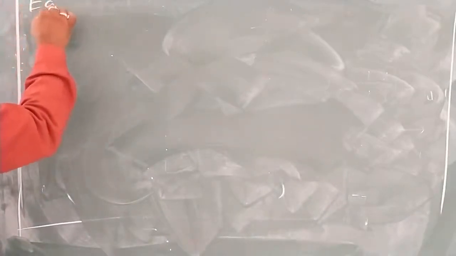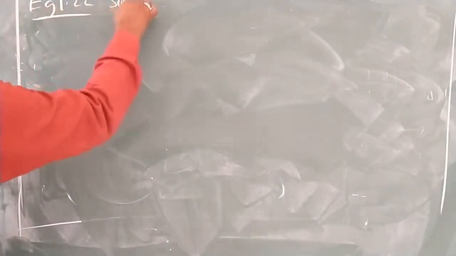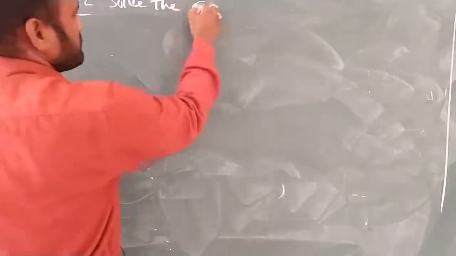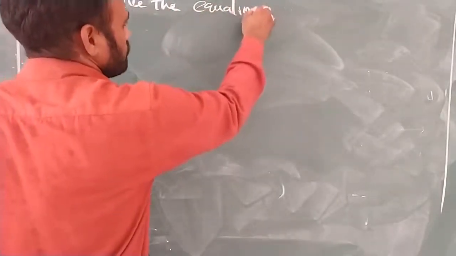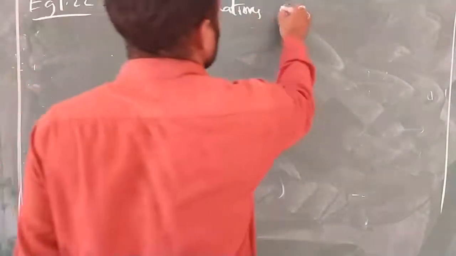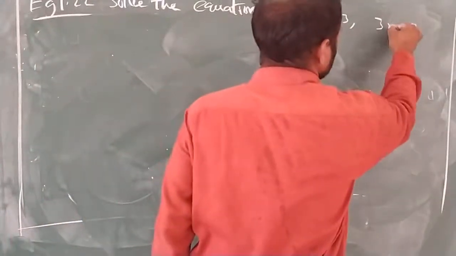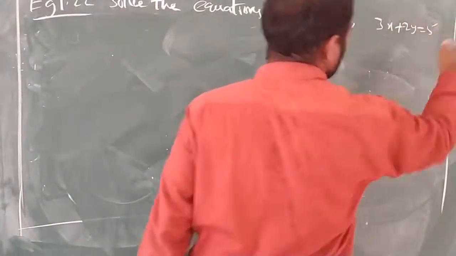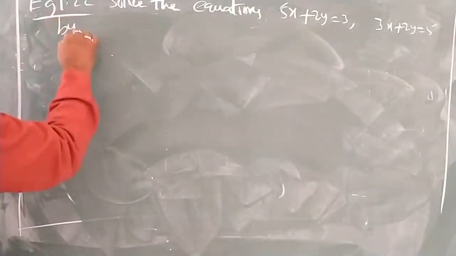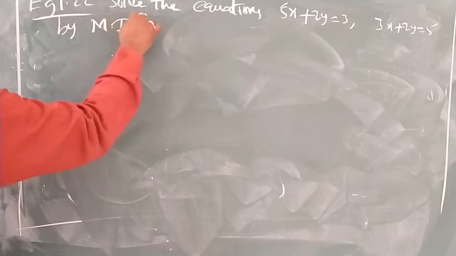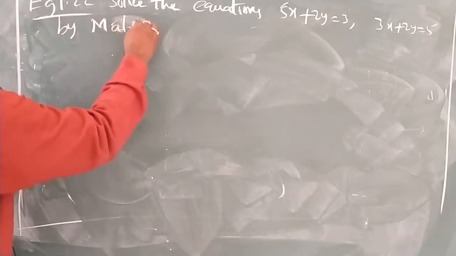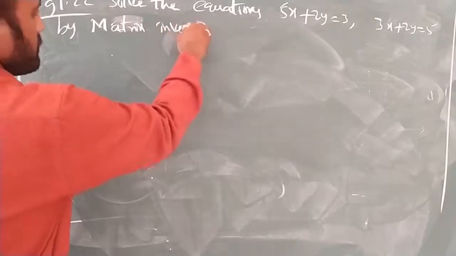Example 1.22: solve the equations 5x + 2y = 3, 3x + 2y = 5 by the matrix inversion method.